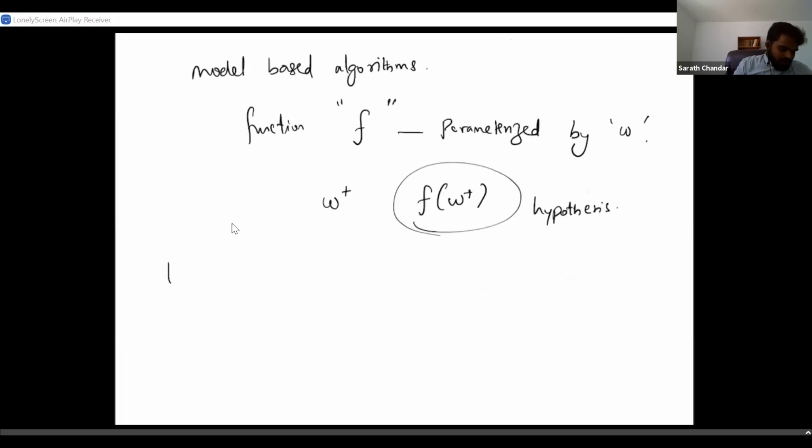So far we have been looking at this minimization problem, where you set up an objective function and find the w which minimizes this objective function, right?